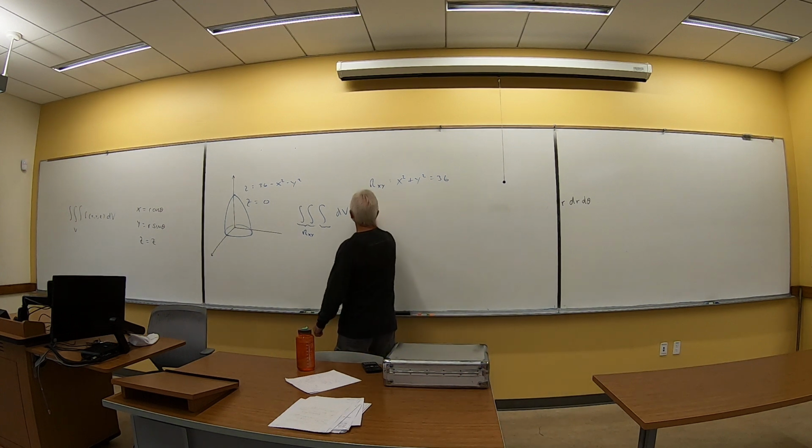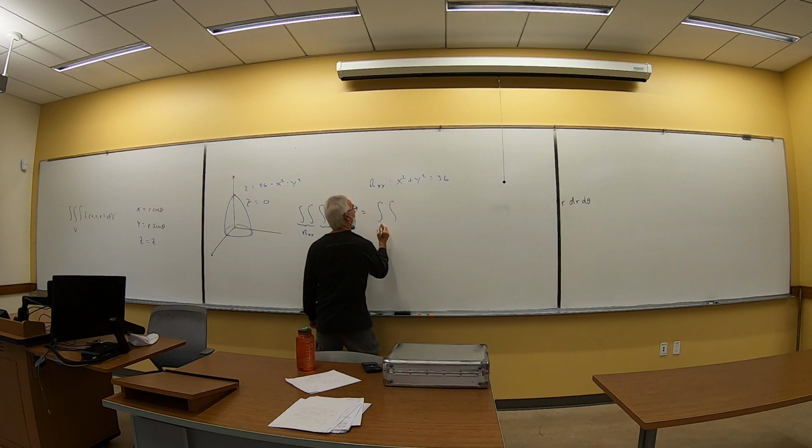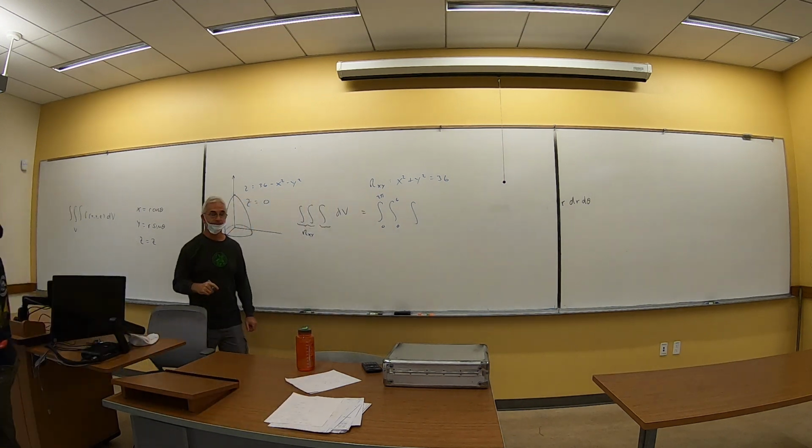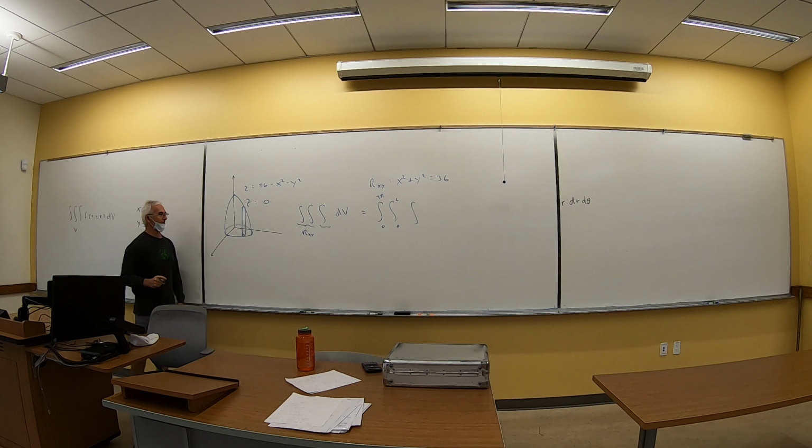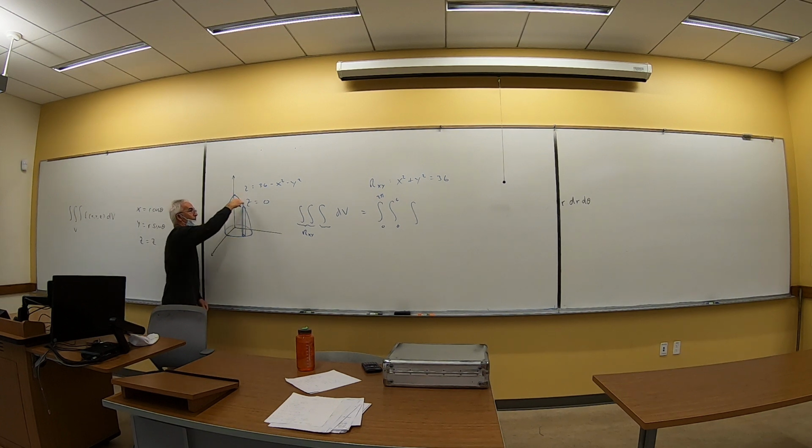So when I convert this to cylindrical, my theta is going to go from 0 to 2 pi. My r is going to go from 0 to 6. And what is z going to range from? Like this, right? And my little parallelepiped right there. z is going to range from z equals 0 to what?